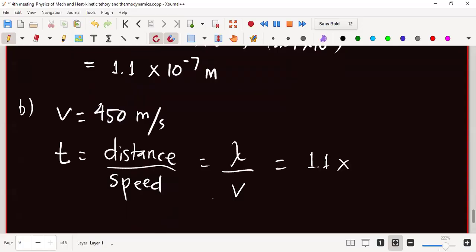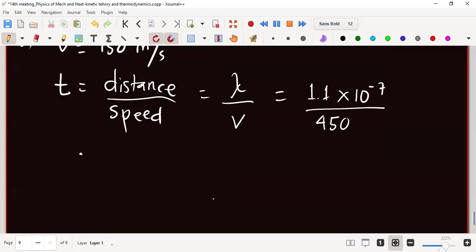So 1.1 times 10 to the minus 7 divided by the velocity, 450 meter per second. So we can get the time before its collision is 2.44 times 10 to the minus 10 second, or equal to around 0.24 nanosecond.